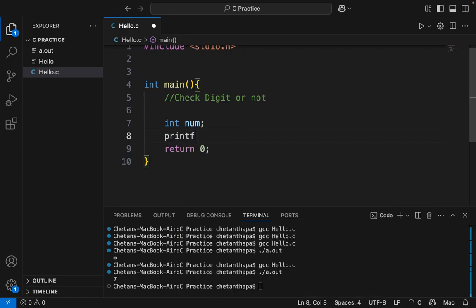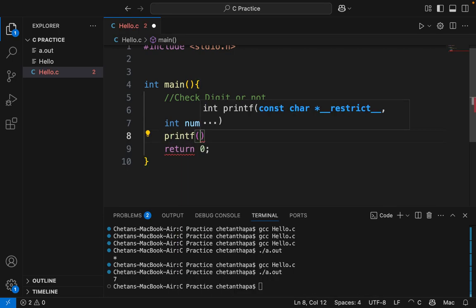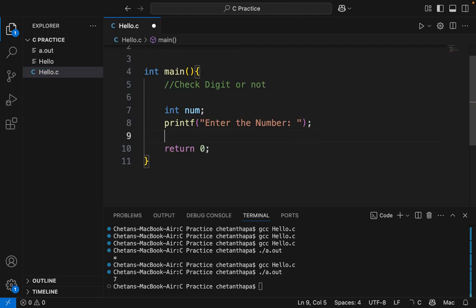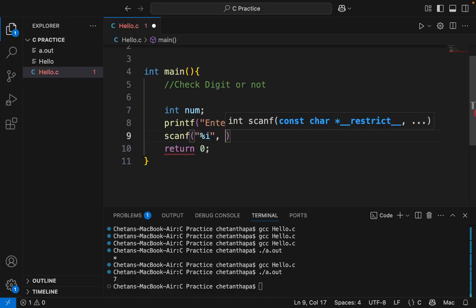We ask the user to enter the number, and you will use scanf with percentage i to store in this num.